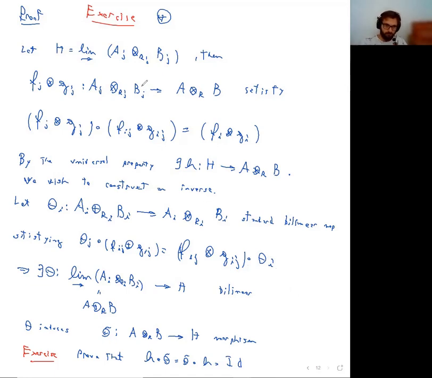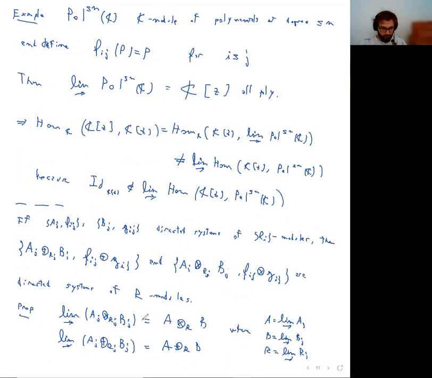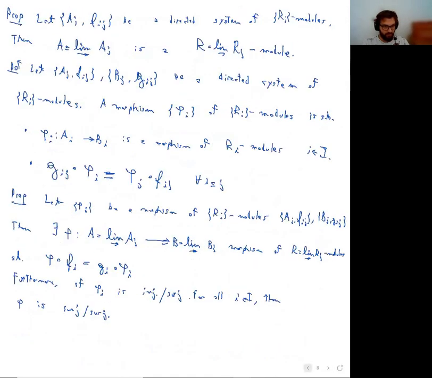I think it's one page prior. Remember when we had a directed system of Ri modules, when you go from AI to AJ. Yeah, this was when we defined that.